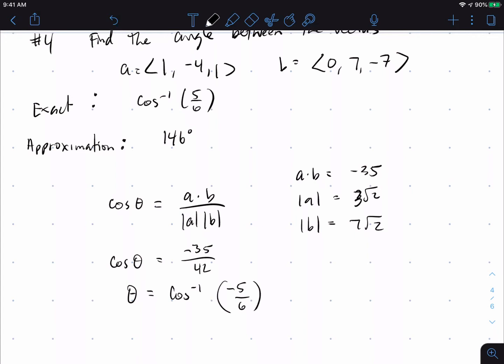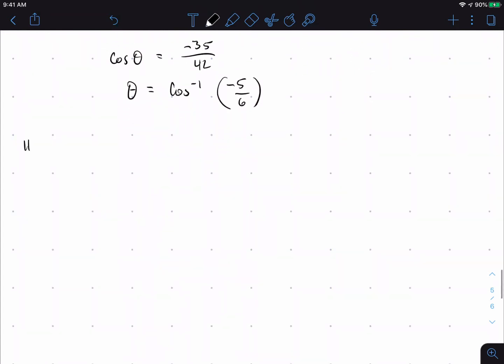Yes. Okay, next question. I want the direction cosines for this thing.